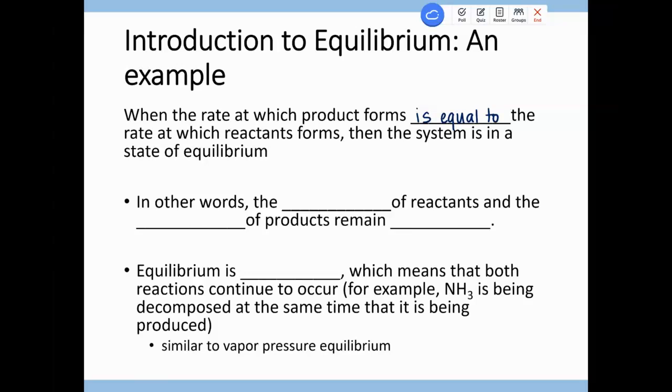Another way to describe this: because the rate of the forward reaction is not changing, that means that the amount of product present, which we describe as concentration, is not changing. The concentration of the reactants is not changing. So the concentration of reactants and the concentration of products remain constant.